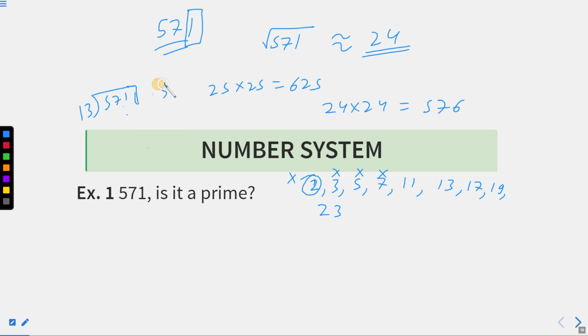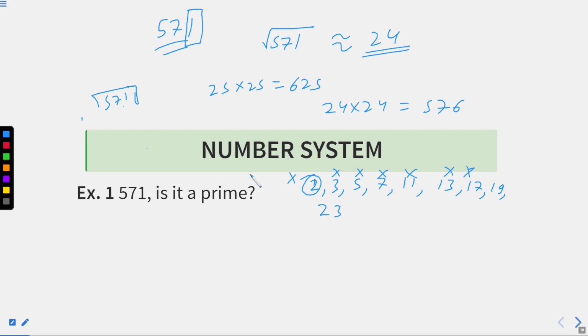Now let's check for 17. For 17, 3 times is 51. It is also not giving us complete division.